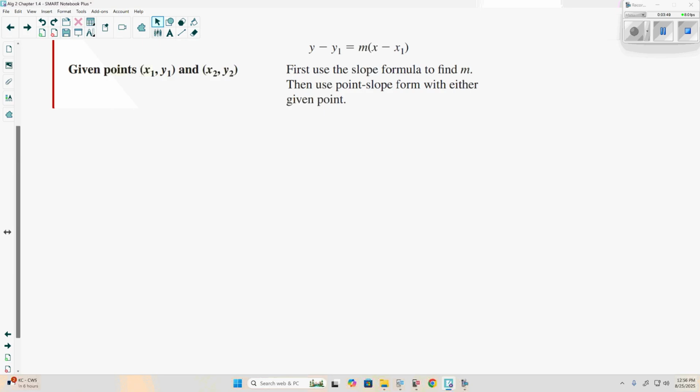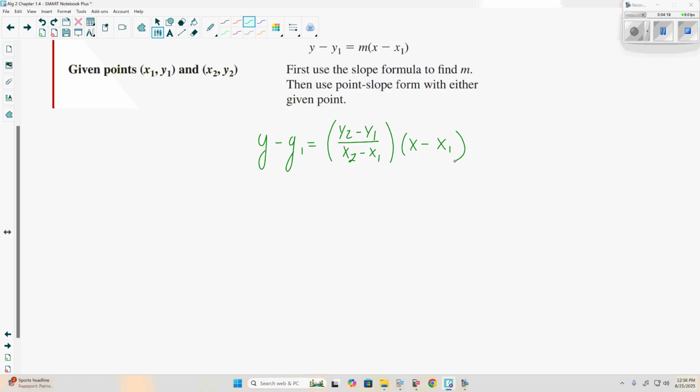Now the last one that they have, given 2 points, I would do it exactly as they say it there. First find the slope, the value for m, and then plug in a point, one of the 2 points, in the slope point form. Now there is such thing as 2-point form. Don't write that down.